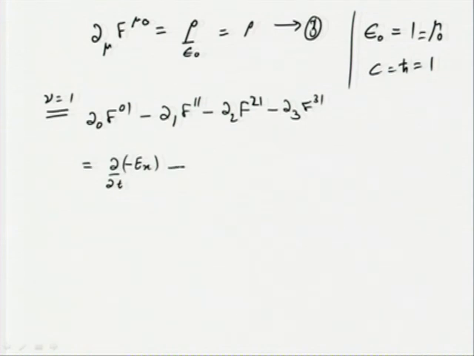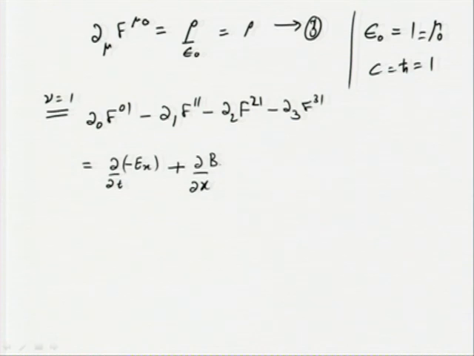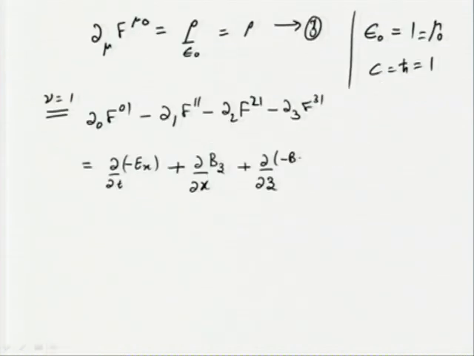Then minus ∂/∂y of F^{21}, which is B_z with a positive sign, and minus ∂/∂z of F^{31}, which is minus B_y.